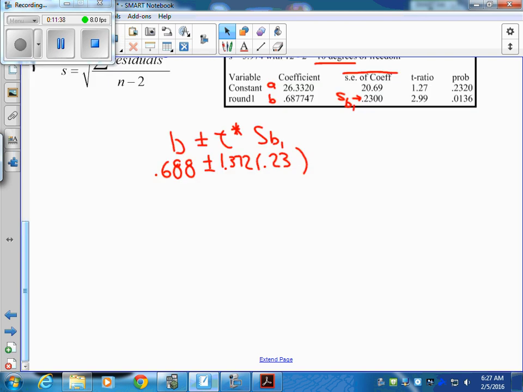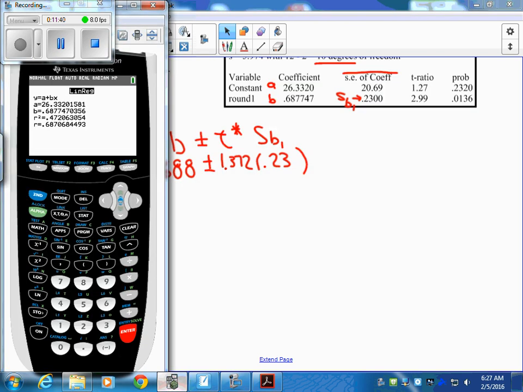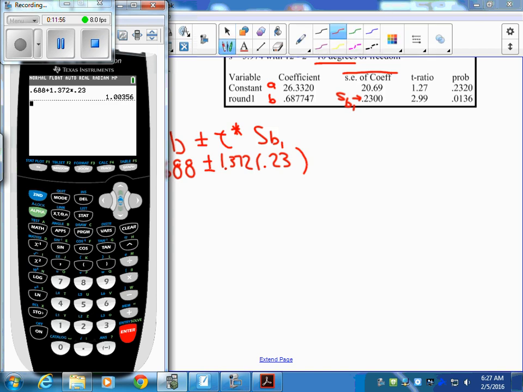Now we just need to run these through the calculator quickly. 0.688 plus 1.372 times our standard error, enter. So we get an upper boundary of 1.004 for our interval.